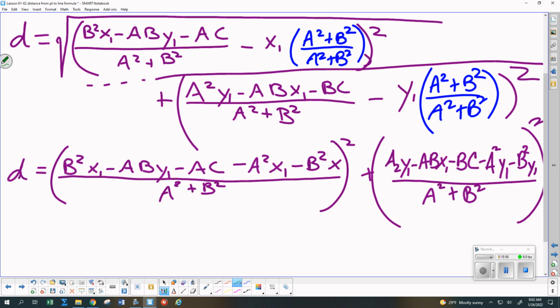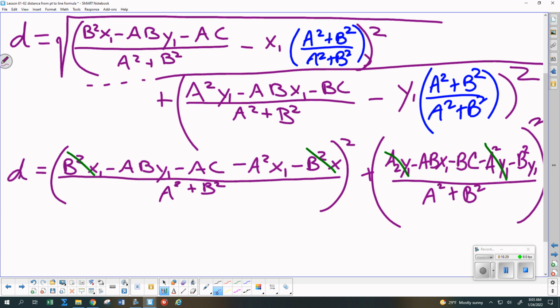So we have a couple of things that are going to cancel, so that's going to start cleaning things up for us. B squared x1 minus b squared x1 will cancel. A squared y1 minus a squared y1 will cancel. And then let's see. Everything here has an a in the numerator.